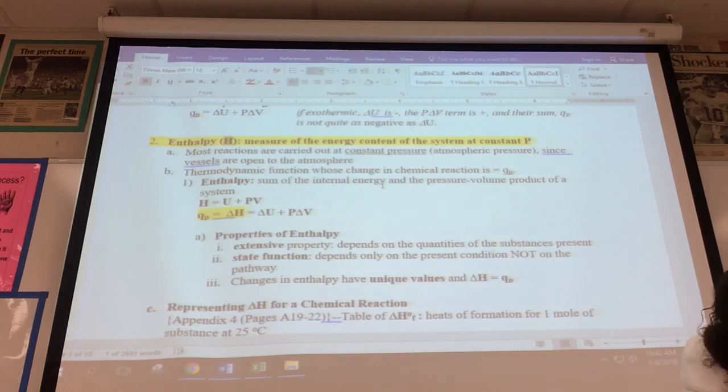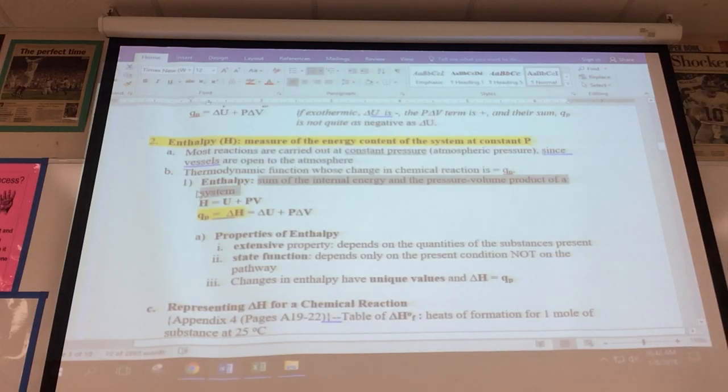When you're talking about this, you talk about heat at constant pressure, QP, and we just give QP a new name known as delta H, the change in enthalpy. Enthalpy is the sum of the internal energy and the pressure volume product of a system.